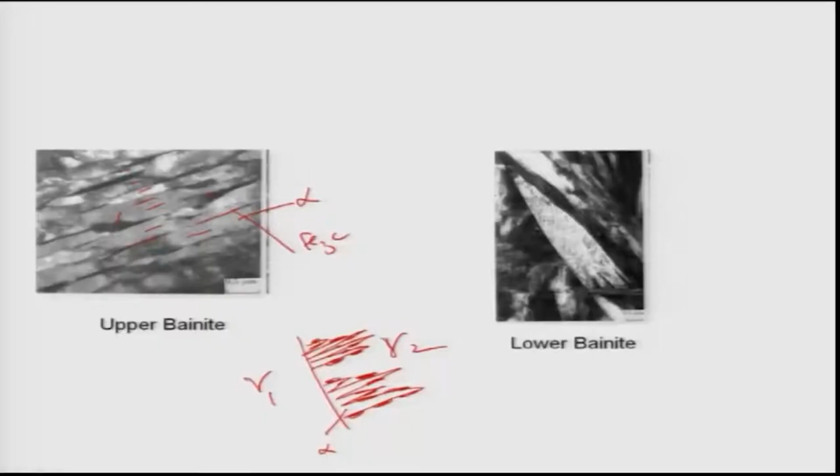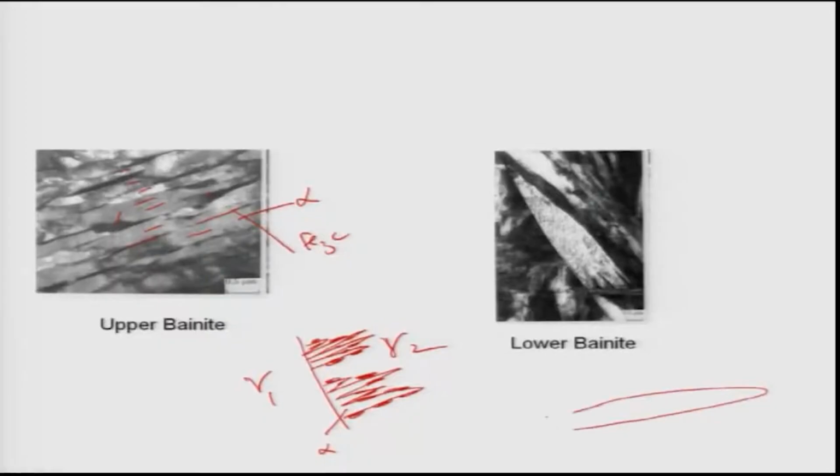Now as you quench the steel to a lower temperature, about 350 to 280 degrees Celsius, I will have a new morphology known as lower bainite. What is lower bainite? Lower bainite consists of an alpha sheath, just like an alpha leaf.